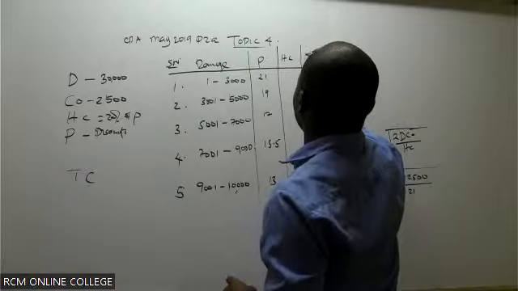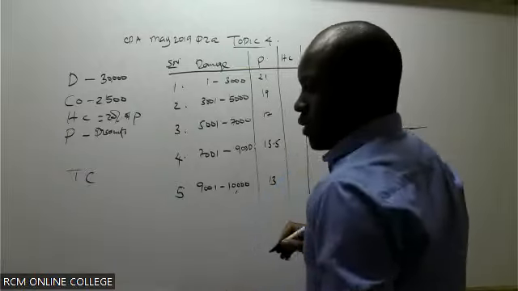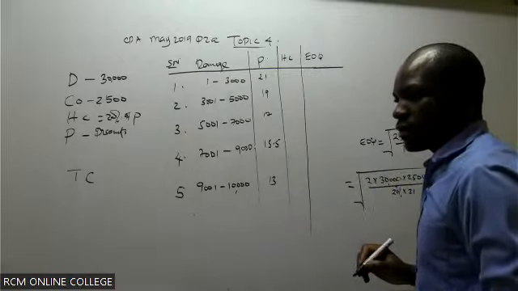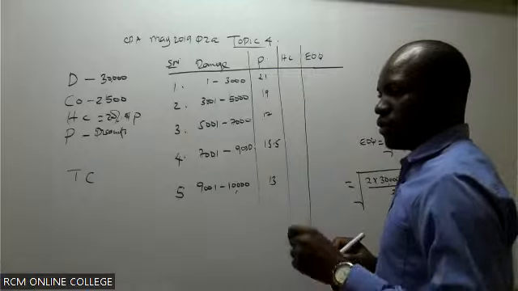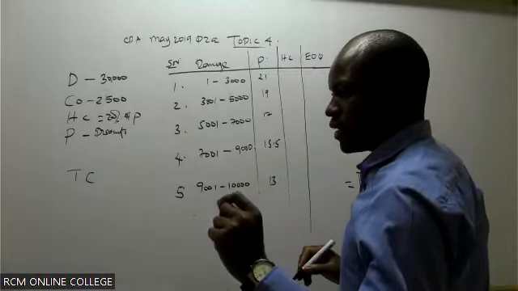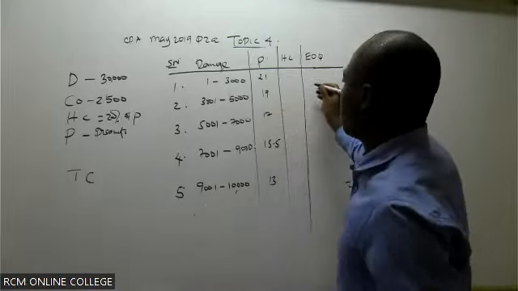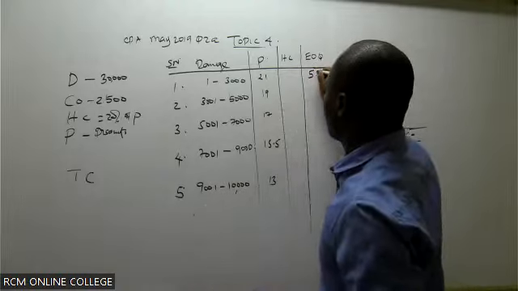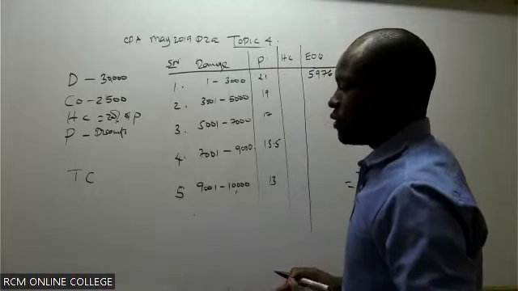Then I now have my economic order quantity. Good. So if that is done, what are we getting? 59.76. We can just give them to the nearest whole number. So 59.76.